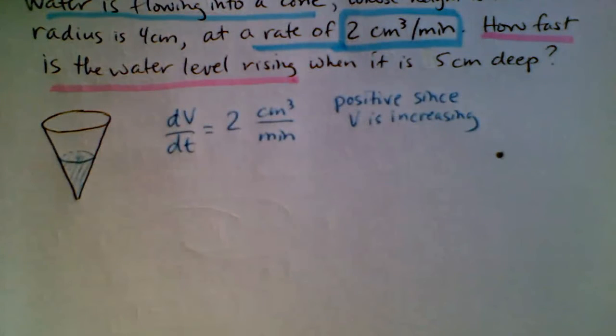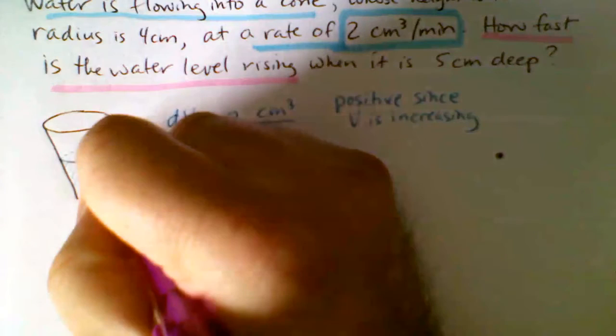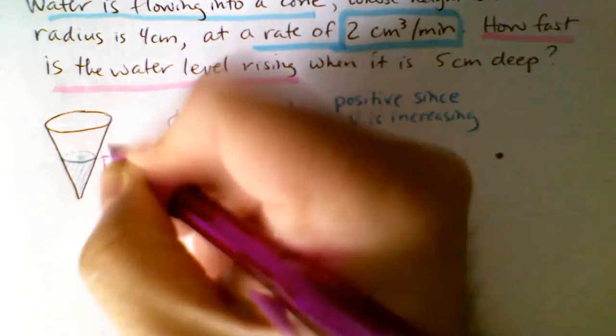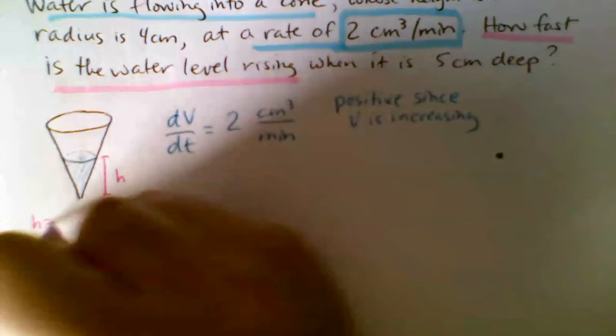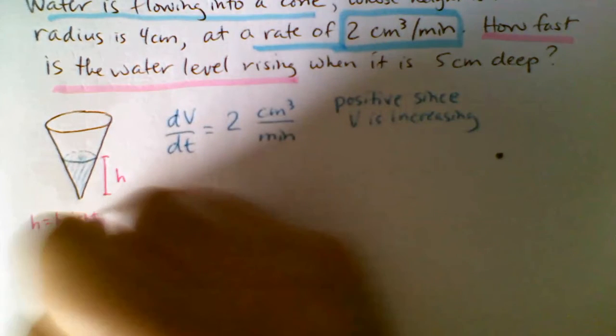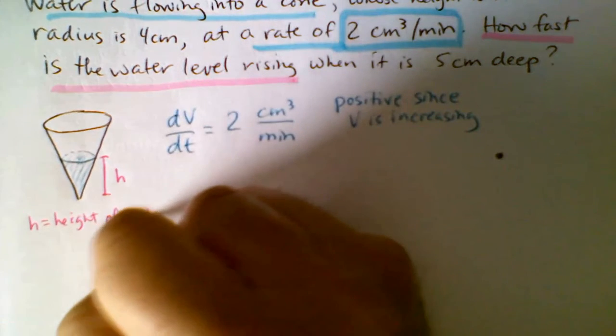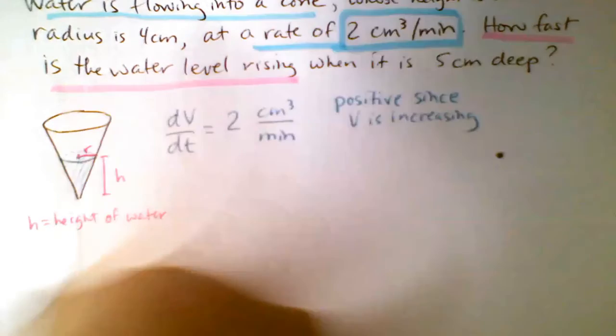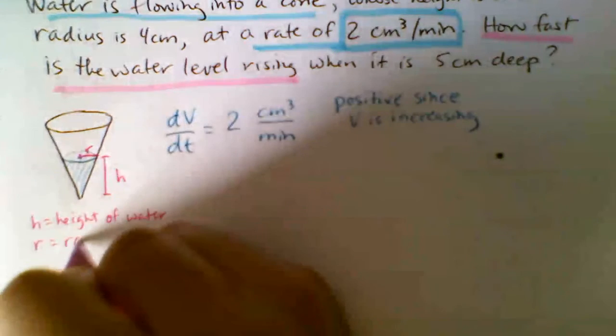So in pink, I'm going to label variables. So here's our height, h, of the water. And here's our radius r, which is the radius of water.